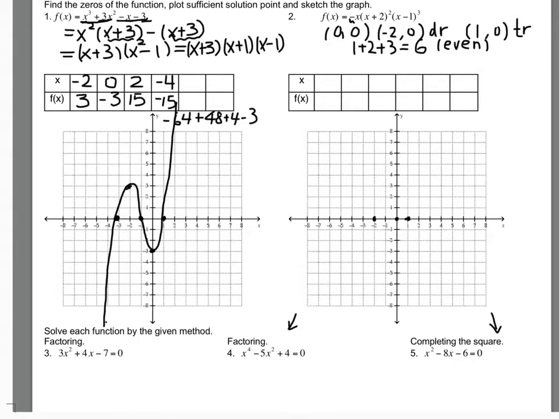So what points should we plug in to calculate? How about negative 3, then a point in between, negative 1, a point between 0 and 1, which would be 0.5, and then a point beyond, 2.